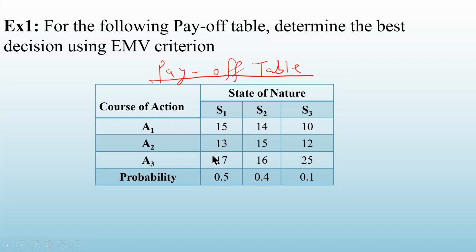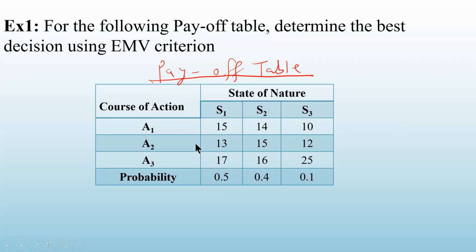So this is the payoff. Similarly, for A3, this figure 17 is the profit or payoff value associated with the course of action A3 and state of nature S1. So in this way, you can read the table.